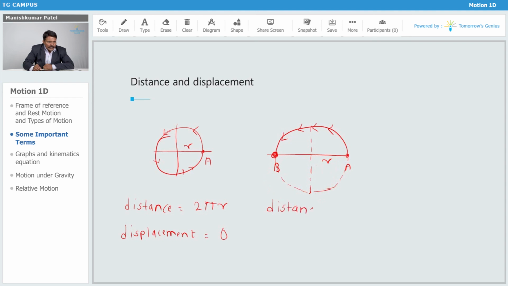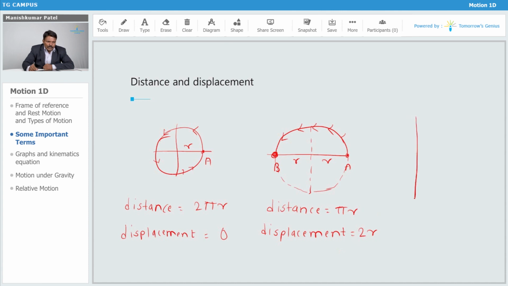Obviously the distance is the actual path length along the circumference, which is half of the total. The total is 2 pi r, half of that is pi r. So the distance is pi r. If you talk about the displacement, it is the shortest distance. This is r and r, so the displacement will be 2r for this particular case.